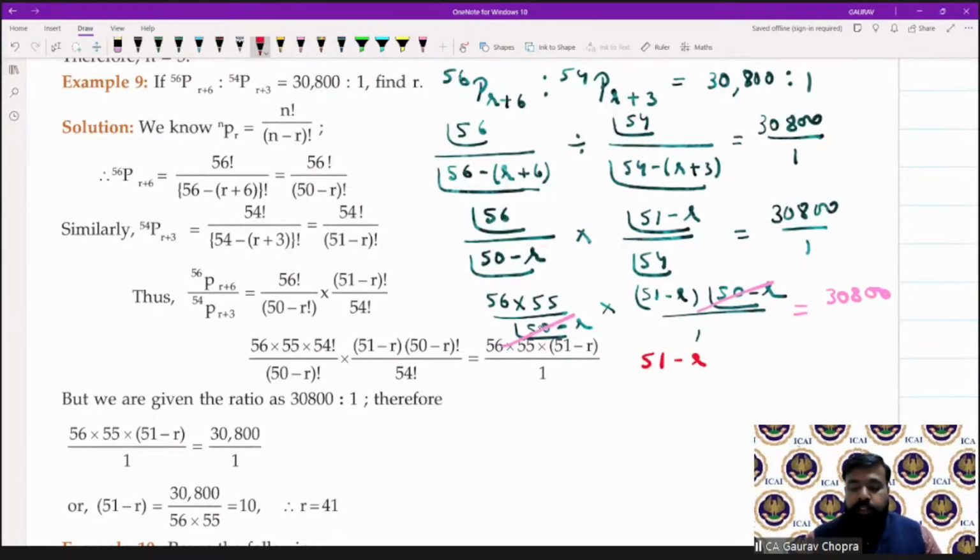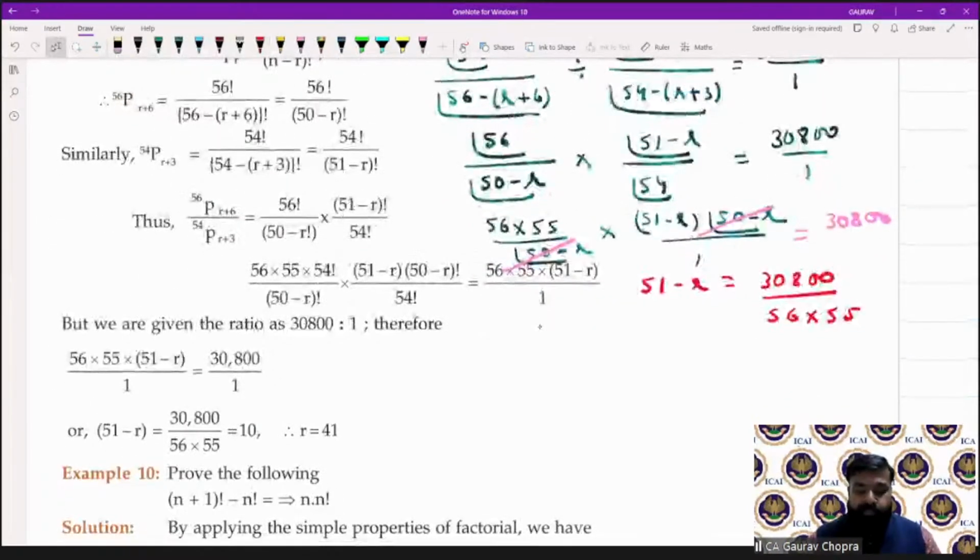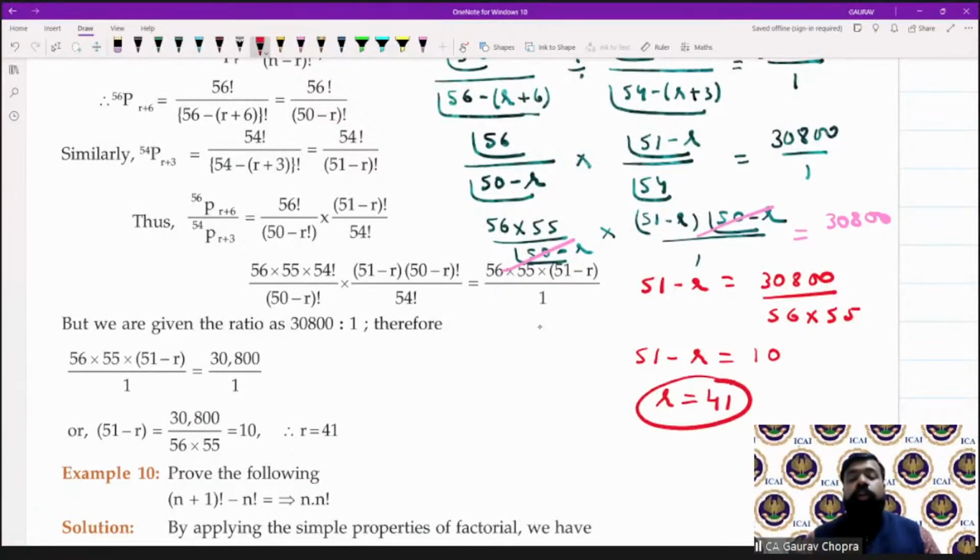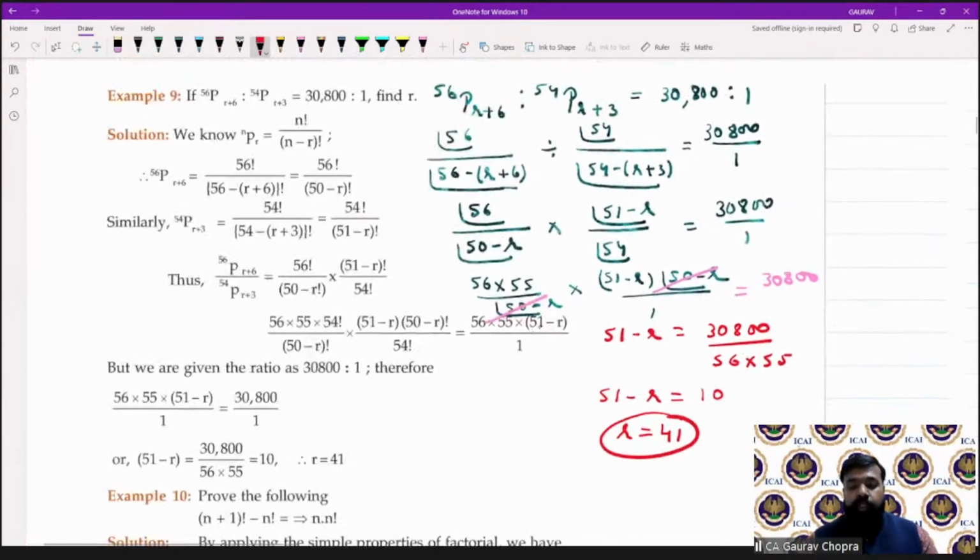So 51 minus r is equal to 30,800 upon 56 into 55. So from here we are getting 51 minus r is equal to 10. Therefore, r is equal to 41. So in this way, you can easily solve. Now you can take the screenshot so that it is easy to understand in this manner.